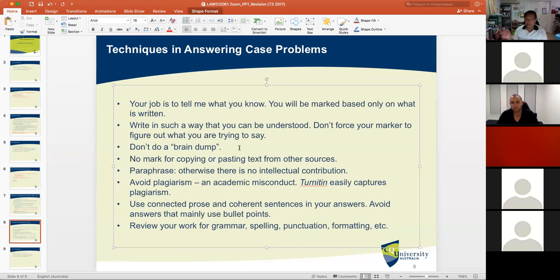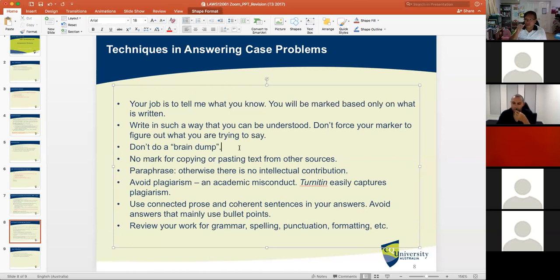If you're just copying and pasting text from other sources, it's not helpful. You need to paraphrase as well. Otherwise, there is no intellectual contribution. In some of the case notes, which I really didn't like because it was already in the guidelines, some people just copied and pasted text from the case. You can't do that.